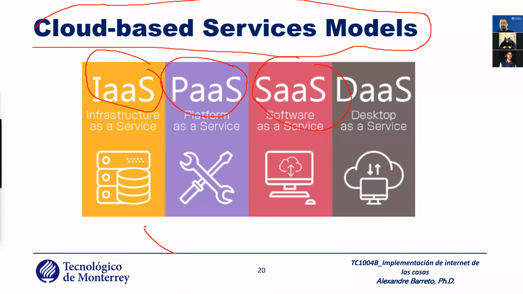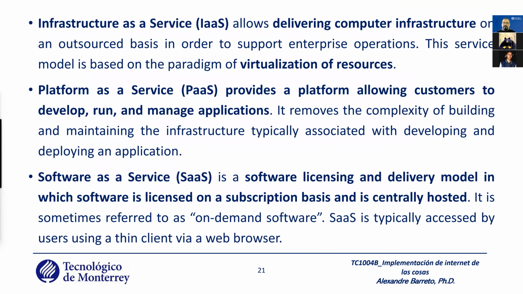Machine learning services, for example, the IBM cloud has a lot of cognitive services. The people that use IBM want to use its servers, because there are a lot of cognitive services it provides. In this case, you use the system. And the last one is the desktop. I will now explain each of them.